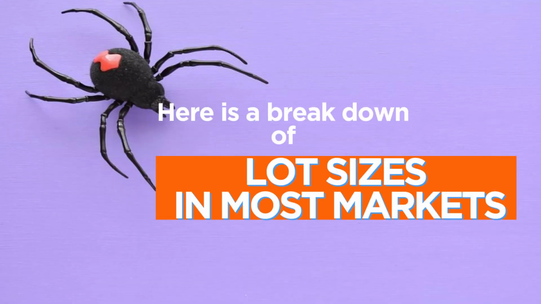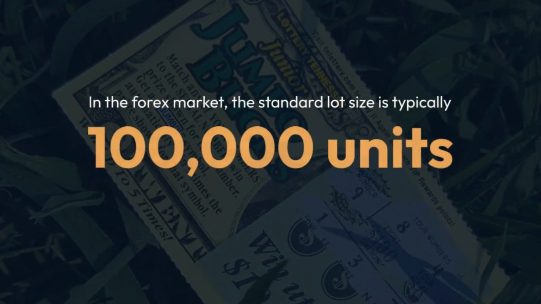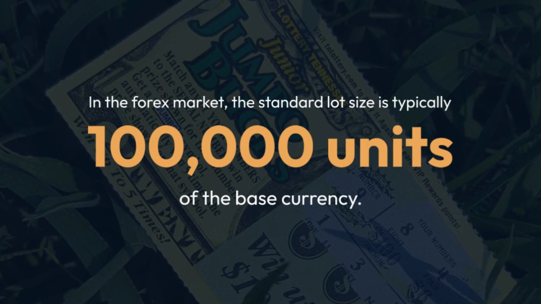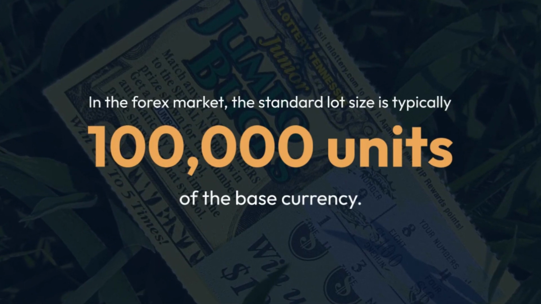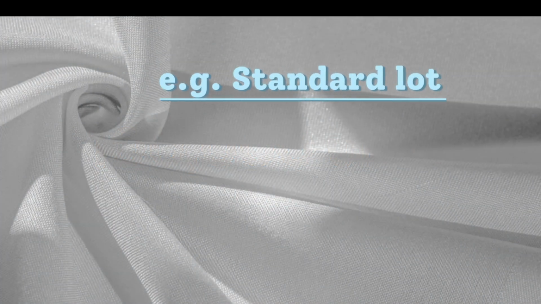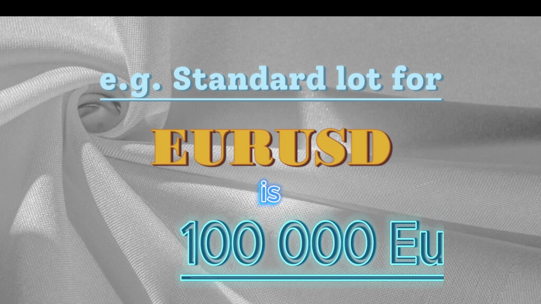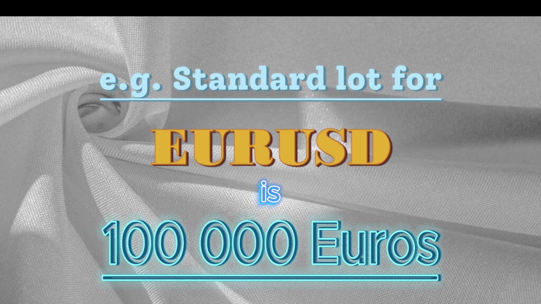Here's a breakdown of lot sizes in different markets. In the Forex Market, the standard lot size is typically 100,000 units of the base currency. For example, if you're trading the Euro-USD currency pair, a standard lot represents 100,000 euros.